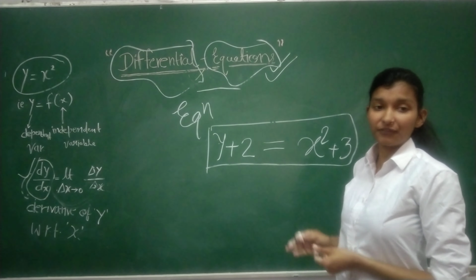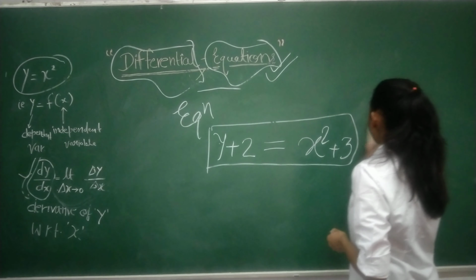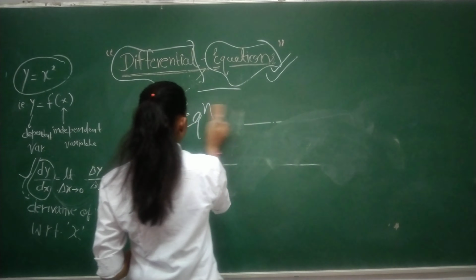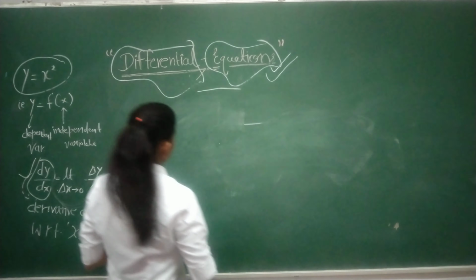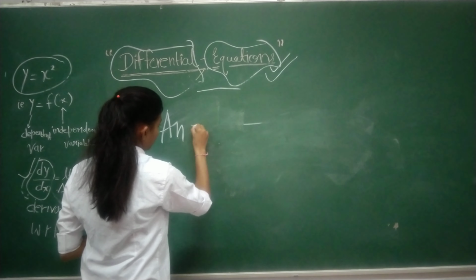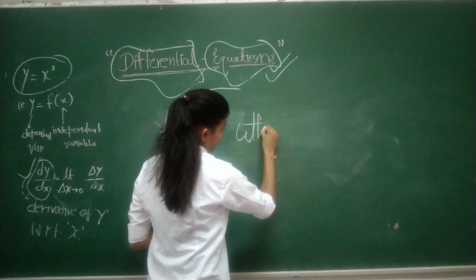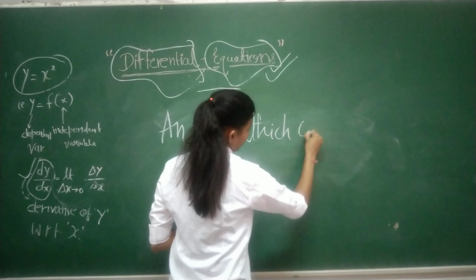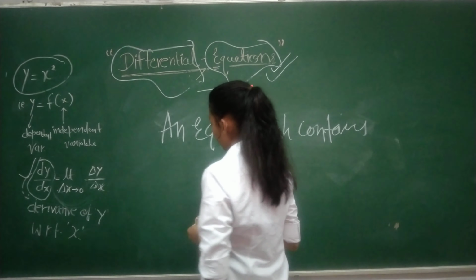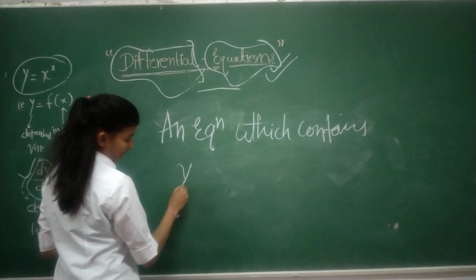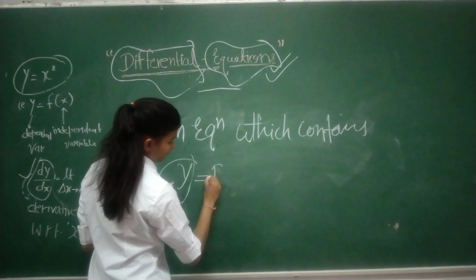So moving on to the definition of differential equation. A differential equation is an equation which contains a dependent variable y. Let us suppose y is equal to a function of x.